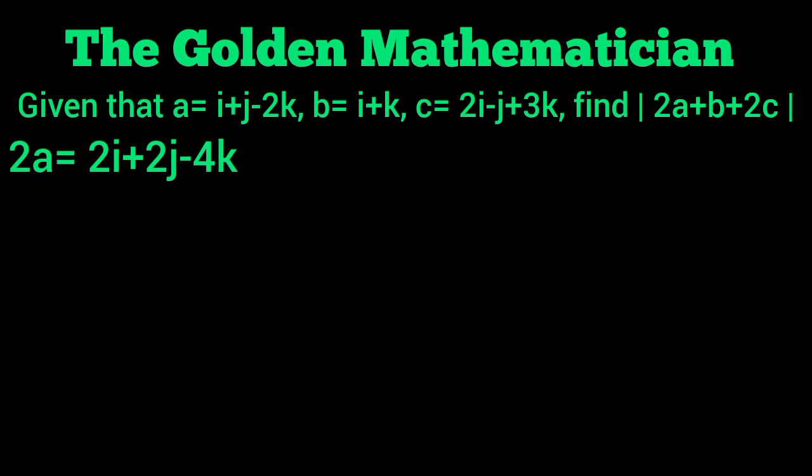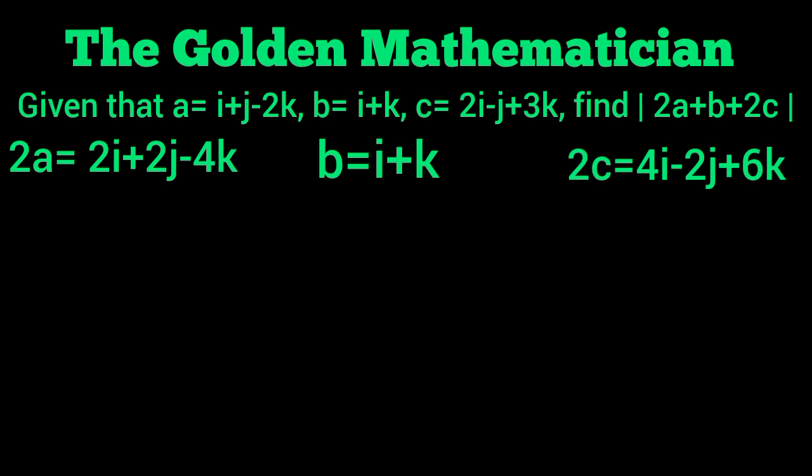Okay, so let's move on. Vector B is already specified in the question, so we'll be going ahead to find vector 2C. Same procedure is going to be applied here since vector C is equal to 2i minus j plus 3k. Then vector 2C is going to be equal to 4i minus 2j plus 6k.